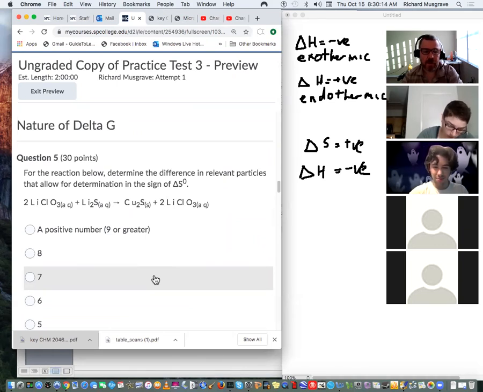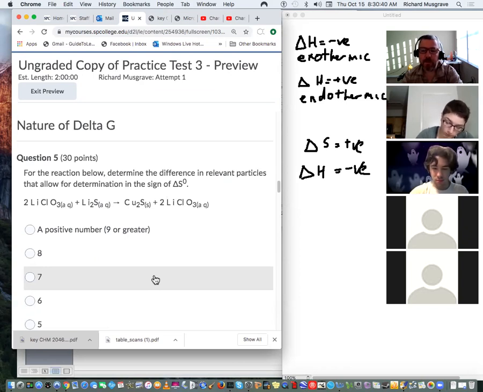For the reaction below, determine the difference in relevant particles to allow for the determination of the sign of delta S. I know that sounds really complicated, but all I'm really asking you to do is look at it and say, well, what's the relevant particle here? The relevant particles here are the ions, the aqueous ions. The solid is not relevant at all. So we're only interested in the number of aqueous ions.